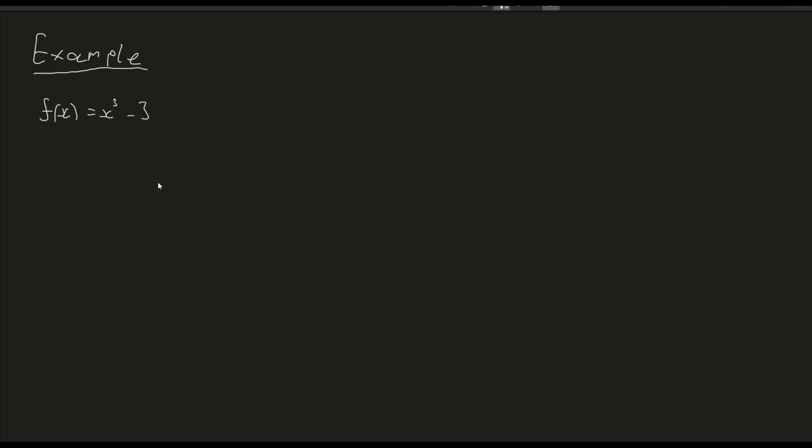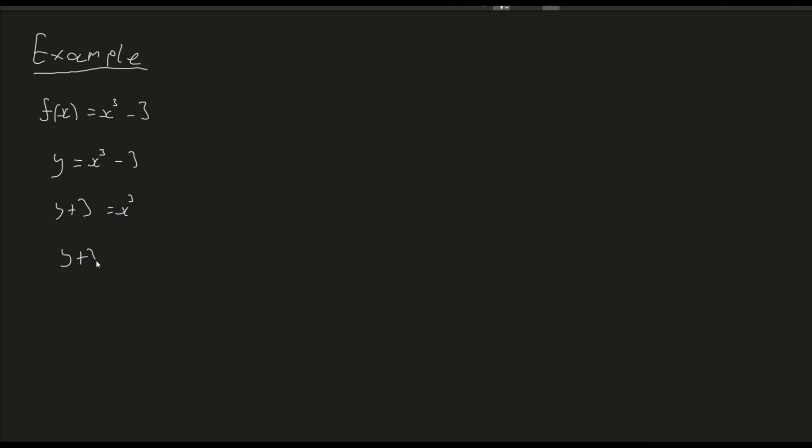Taking a second example, we have f of x equals x cubed minus 3. Again, we're going to solve this in a similar fashion by changing f of x to y, and then rearranging this formula, making the subject x. So that will become y plus 3 equals x cubed. And when you move a cubed over, that becomes the cube root.